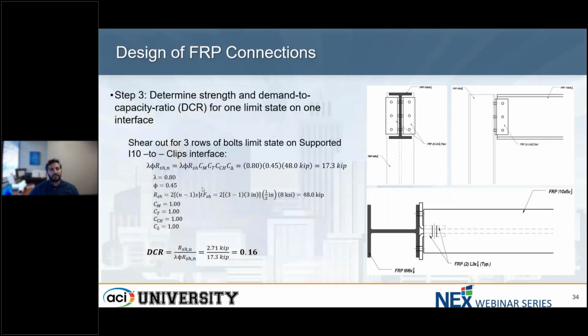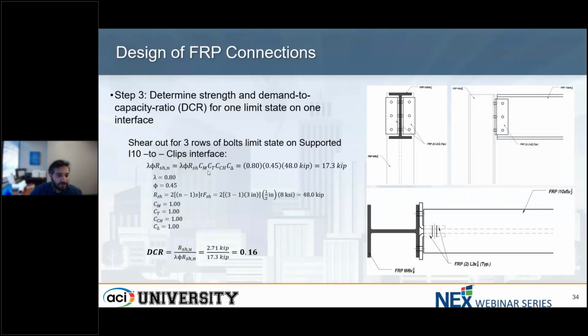Once you've done that, you can start determining your strength and demand capacity ratio on each of these interfaces. This is a very quick example given for just one limit state for one single interface: the shear out limit state, one of the limit states that we were seeing in the previous slides. The equations are very similar to those of steel connections, for which shear out is a limit state that exists as well.